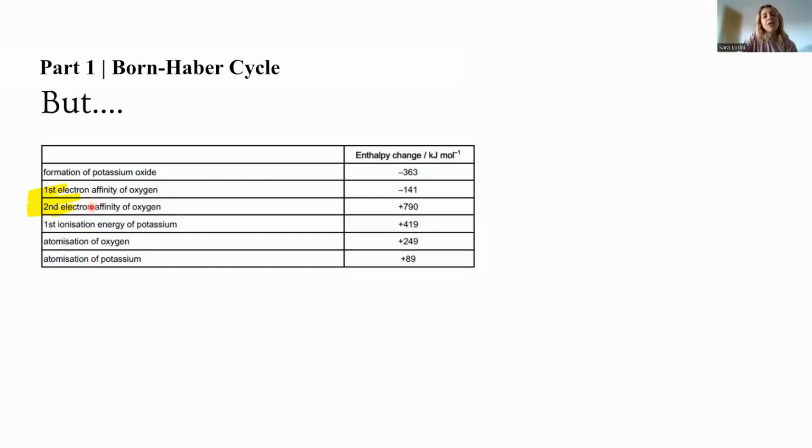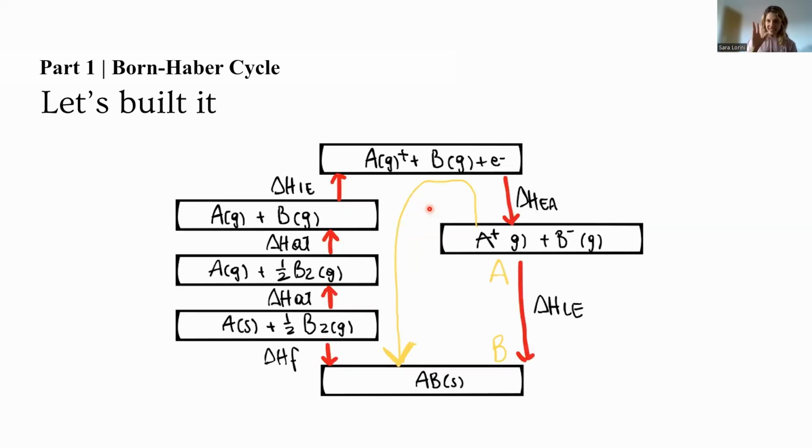I also want you to notice something. The second electron affinity of oxygen is positive. The first one is negative. So you need to remember that in building the cycle, one will go down, while the second electron affinity will spike up, then go down to lattice enthalpy. Can you visualize it, having the cycle that we just did fresh in mind?